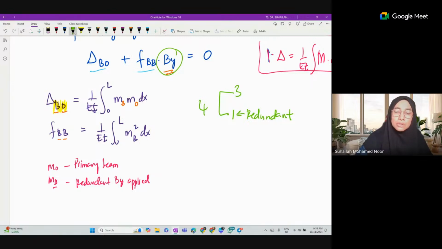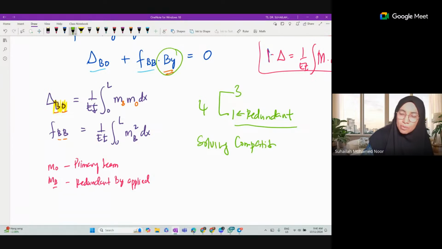So the goal is to determine the redundant. How to solve the redundant? We can get the redundant by solving the compatibility equation.